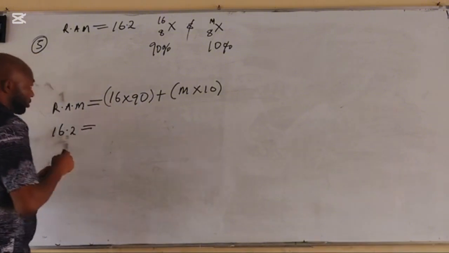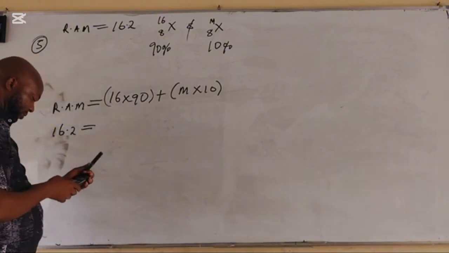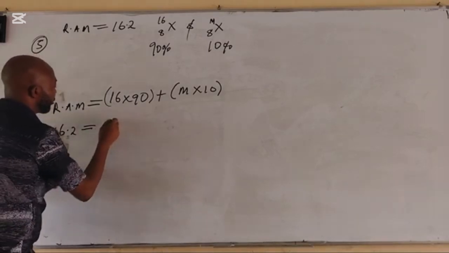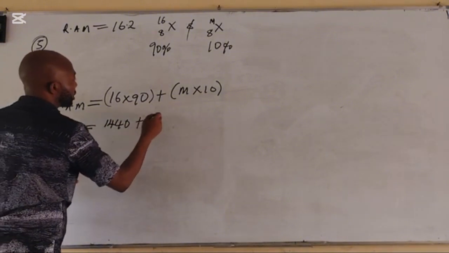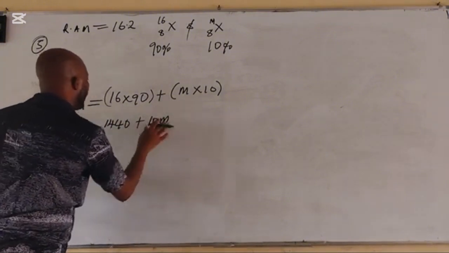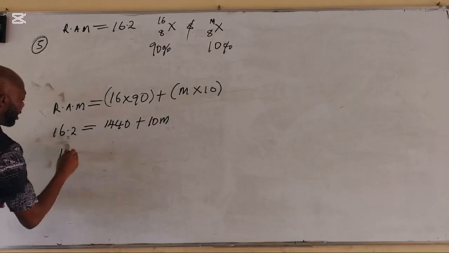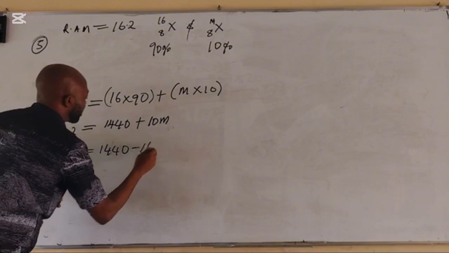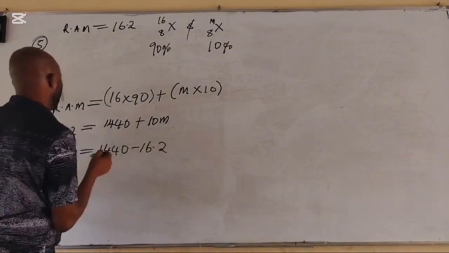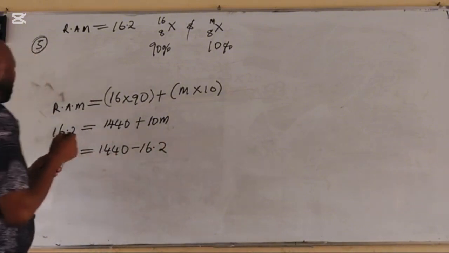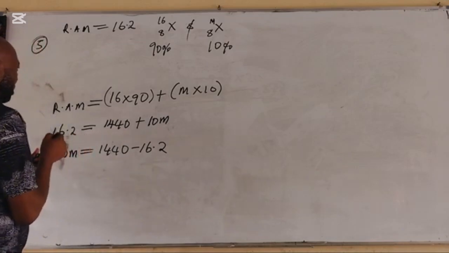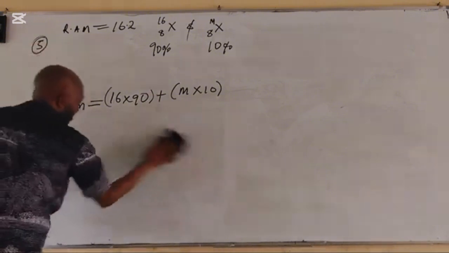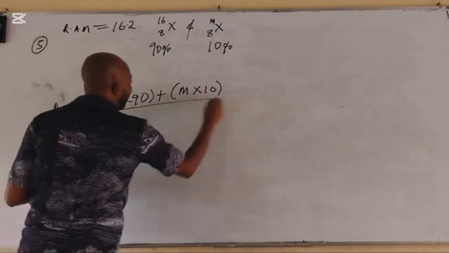This equals 16 times 90, 1440, plus 10N. We make N the subject. Oh, sorry, I made a mistake. Our 100 is not here. Okay, sorry. So let's go. Don't forget that over 100.